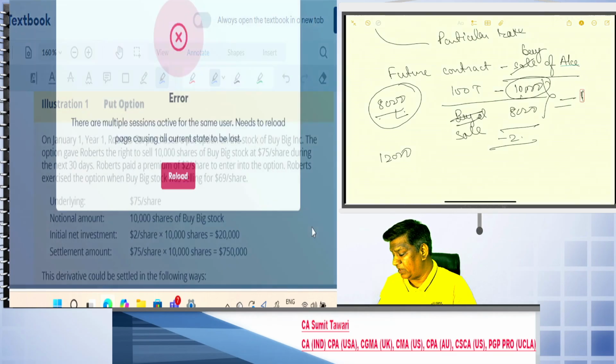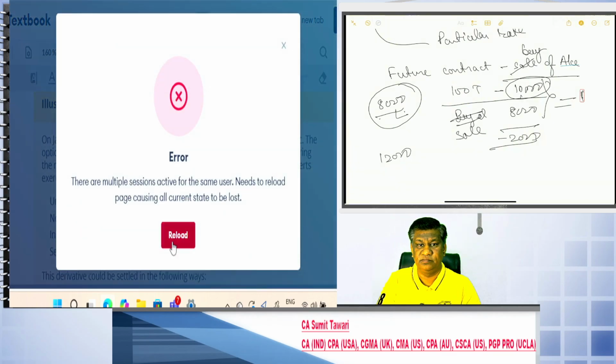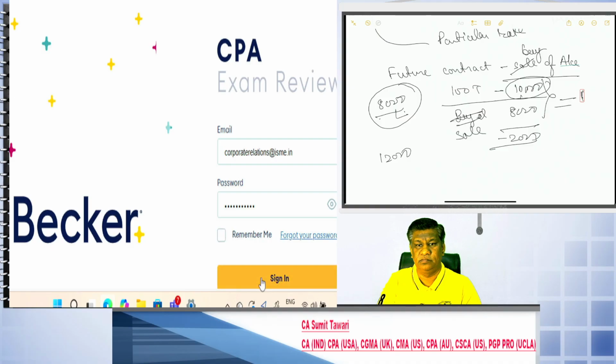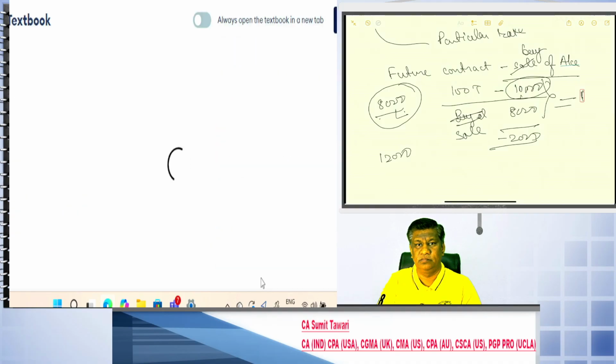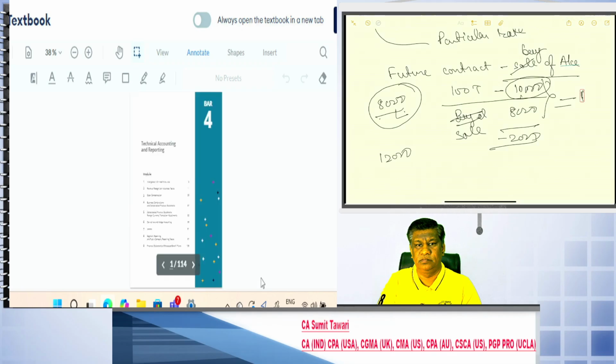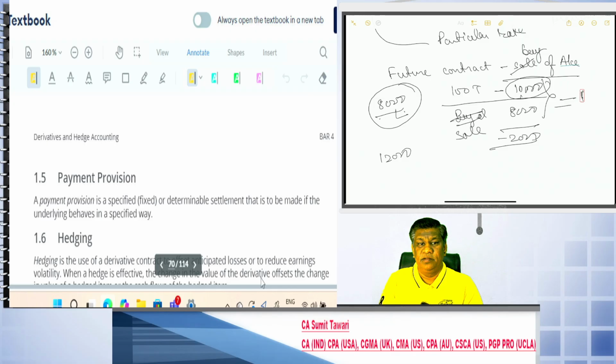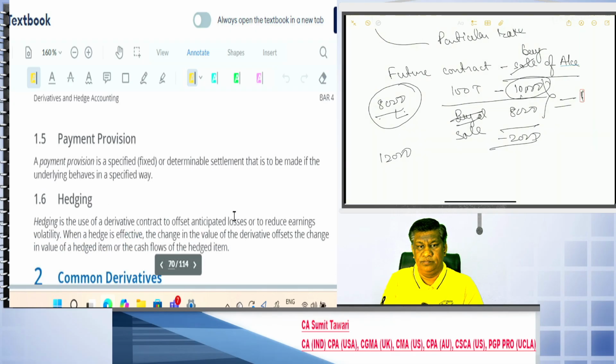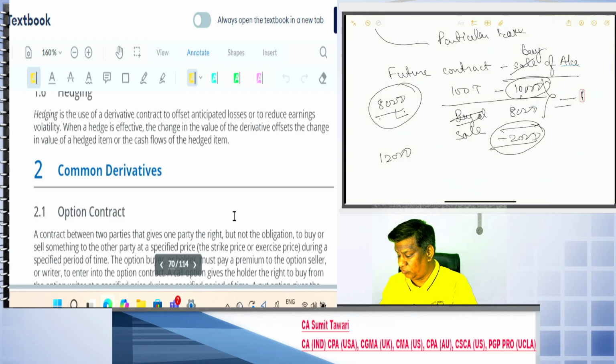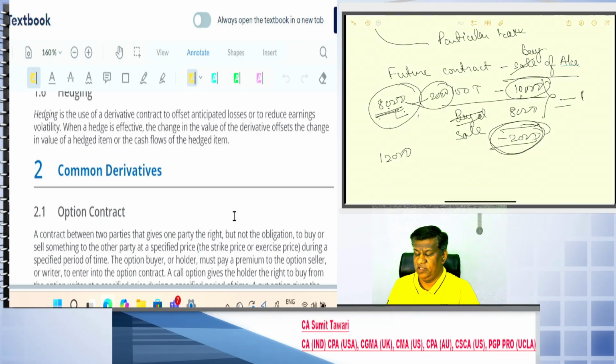So whatever may be the minus 2,000 loss, that is basically compensated here, because instead of 10,000 he can buy at 8,000. So there is a profit of 2,000. This way the losses get compensated by each other. That is basically the hedging.